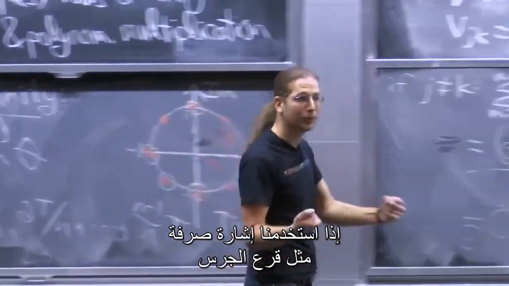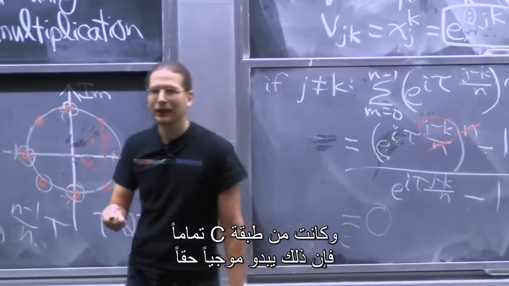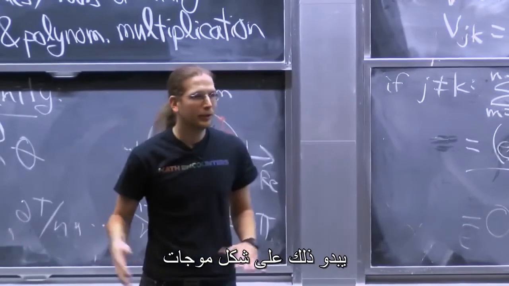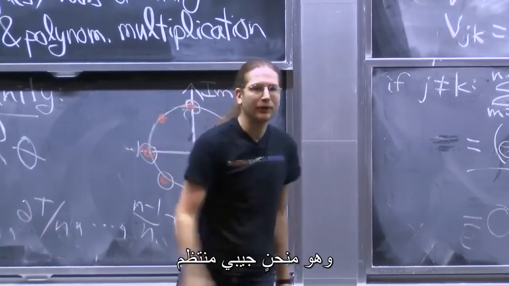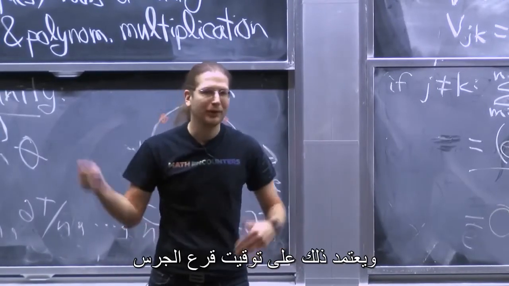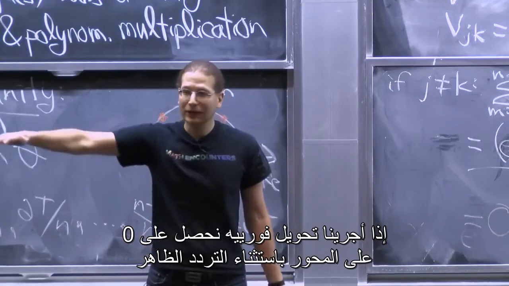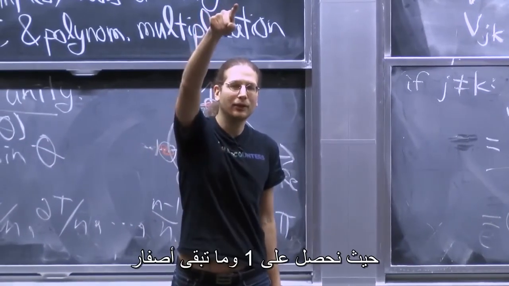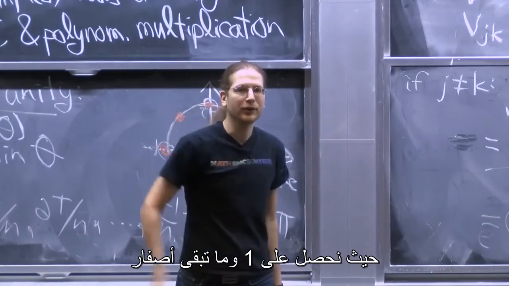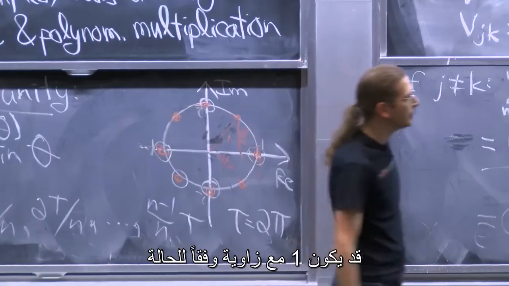So if you take a pure note, like if I was playing a bell and it's exactly C major, it's a nice, perfect sine curve with some offset depending on when I hit it. If you apply the Fourier transform, you get zeros everywhere except for the one frequency that's appearing, and there you get 1, possibly rotated, depending on the phase.